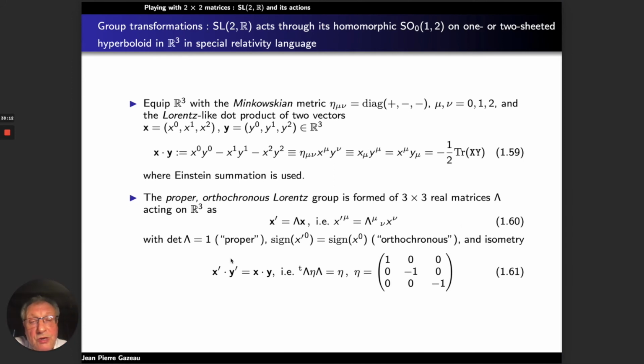And this action is precisely an isometry of the Minkowskian space, that means R3 equipped with this dot product.